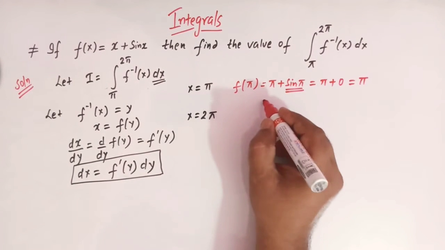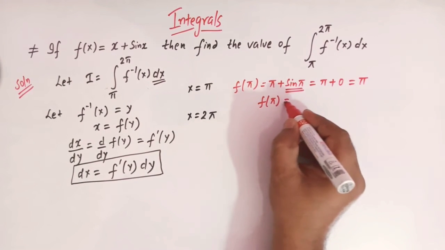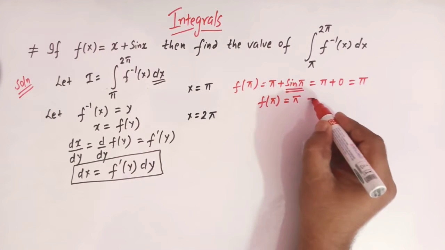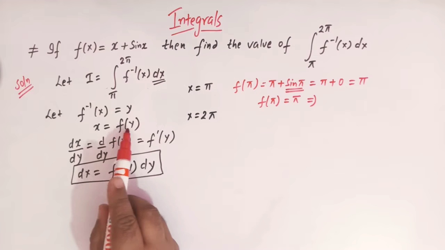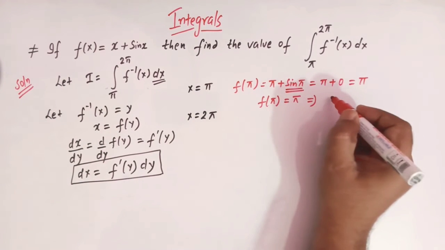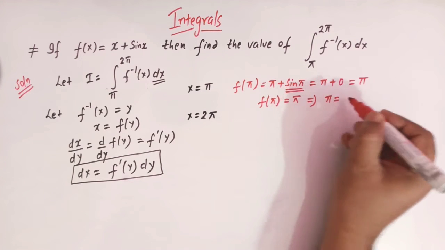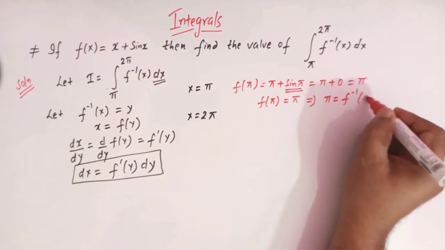So now we have f of pi is equal to pi, and this implies that because we have x is equal to f of y, we can write pi is equal to f inverse of pi.